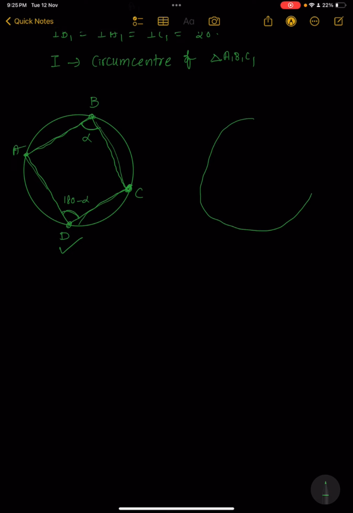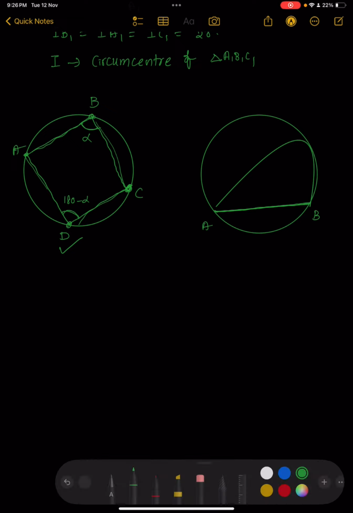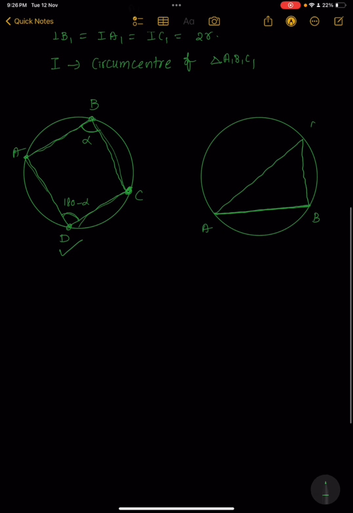The next technique is, let us say there is a chord AB. There is a property in circles: any chord of a circle subtends equal angles at any point on the circumference. Let us say there is a point C on the circumference. So this AB subtends equal angles at C and D. This will be alpha, this will also be alpha.